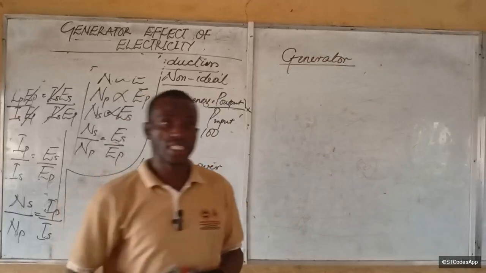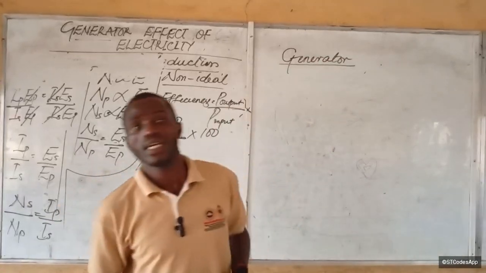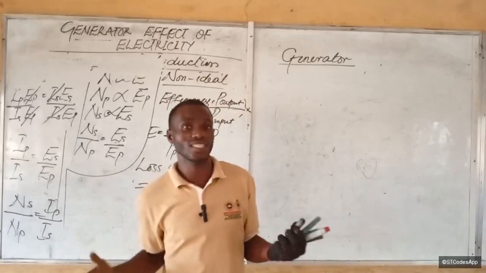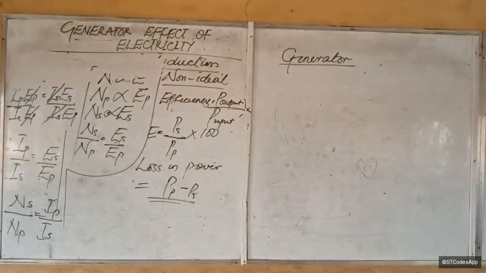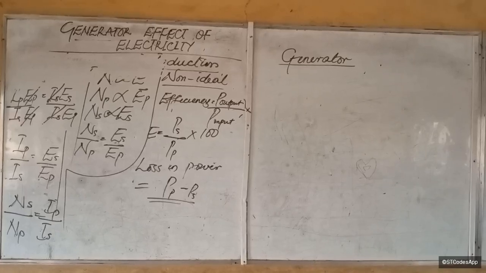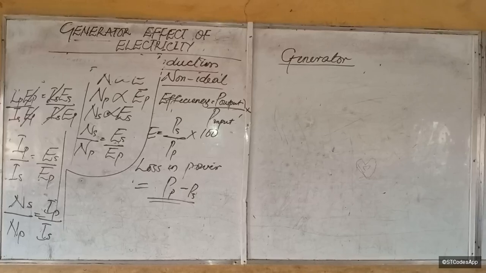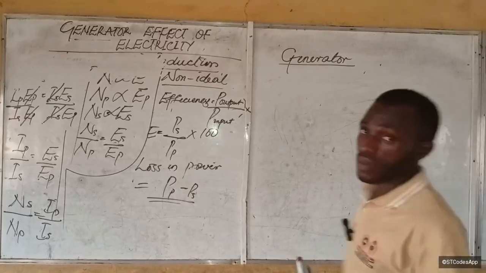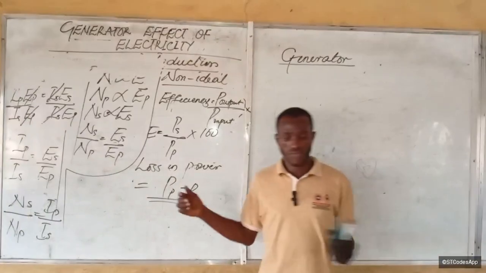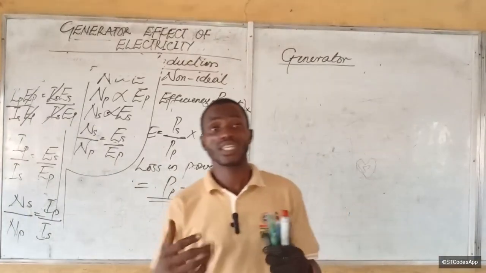Practically, a generator is something that we use to generate electricity. That's the simplest definition for a generator. We use it to generate electricity.